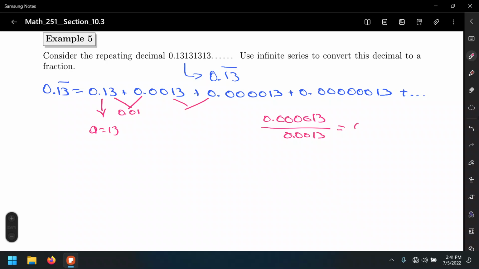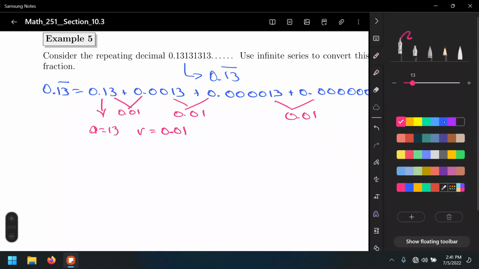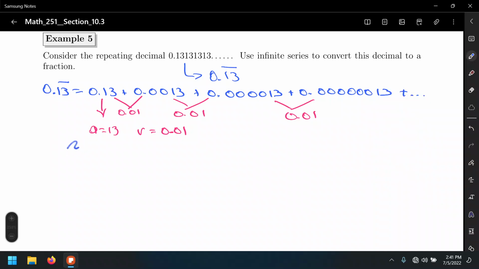The same, 0.01. And of course, it's going to be the same for the rest. And that's our value of r. So we can write this in the form of a geometric series.